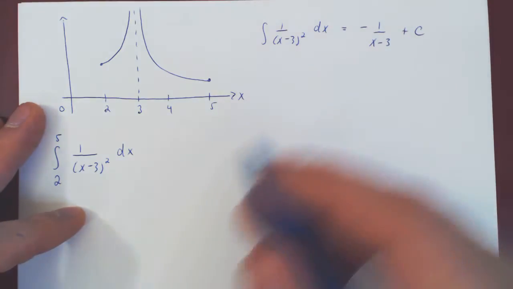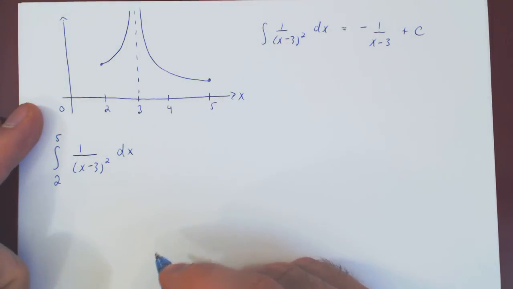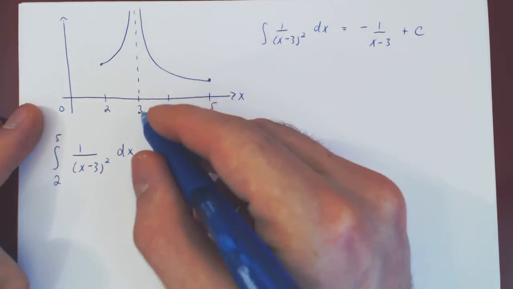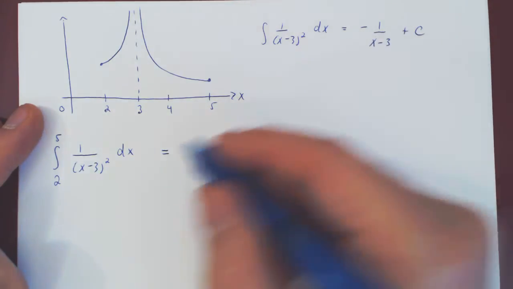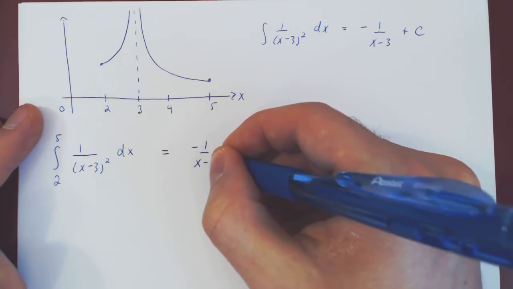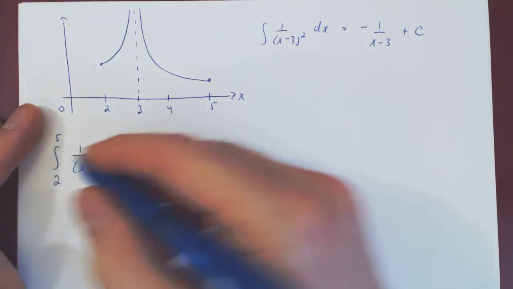So this we have done previously. Now we can apply, again, if we overlook the discontinuity, the fundamental theorem of calculus. So we have our antiderivative, and we evaluate from 2 to 5.